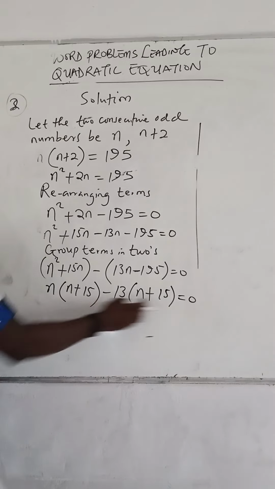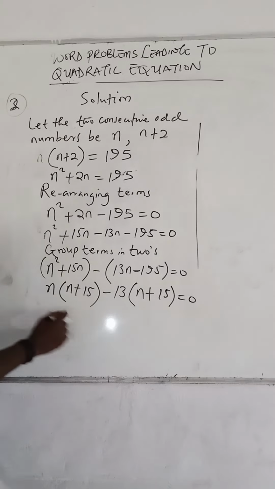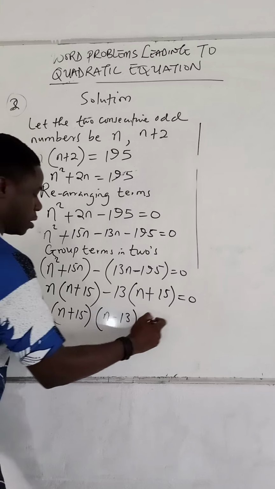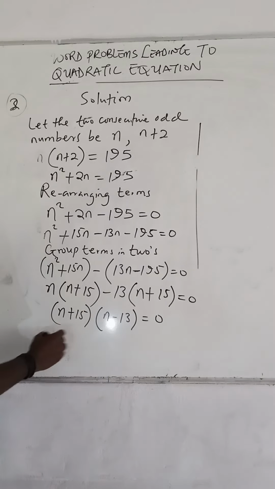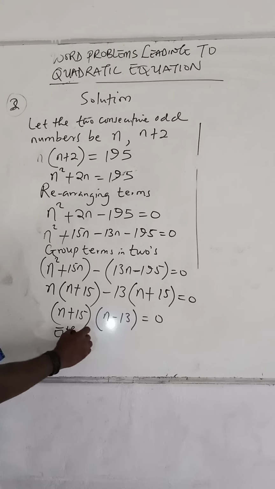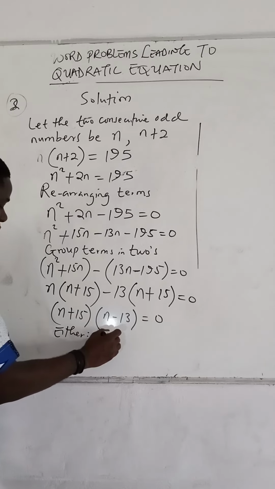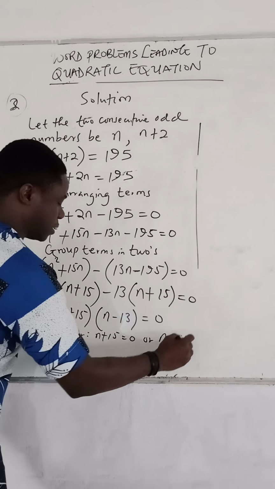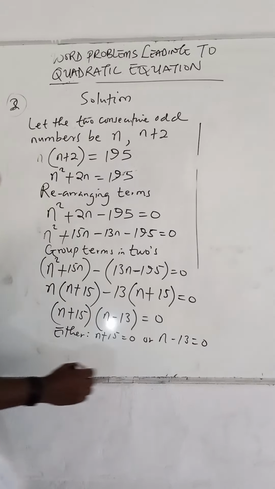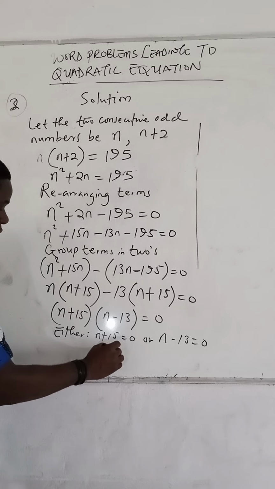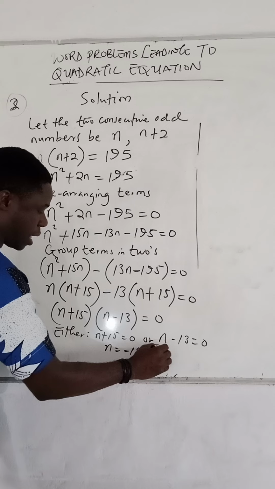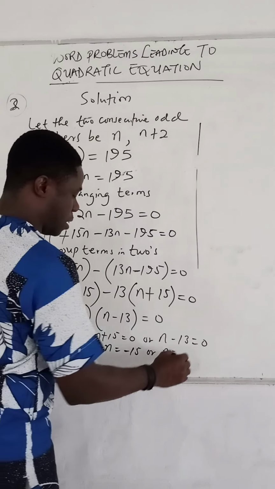So the factors here are n plus 15 into n minus 13 equals 0. So it is either n plus 15 equals 0 or n minus 13 equals 0. Therefore, n equals minus 15 or n equals 13.